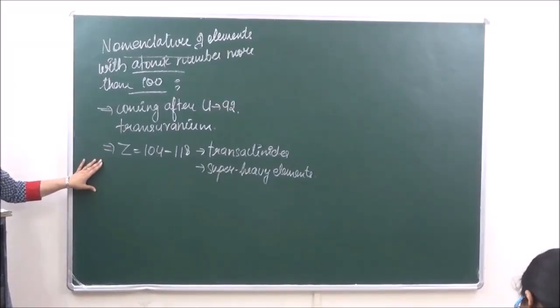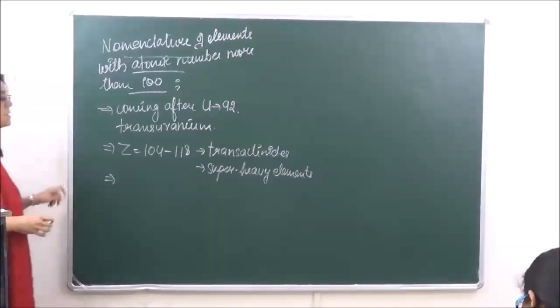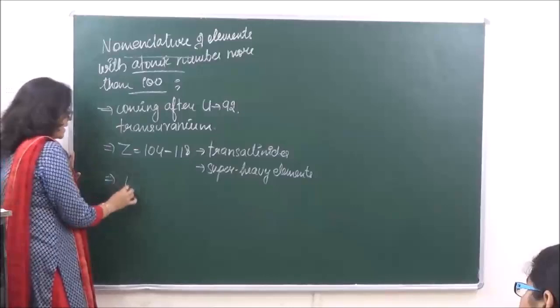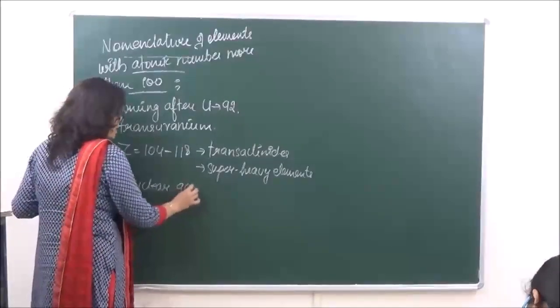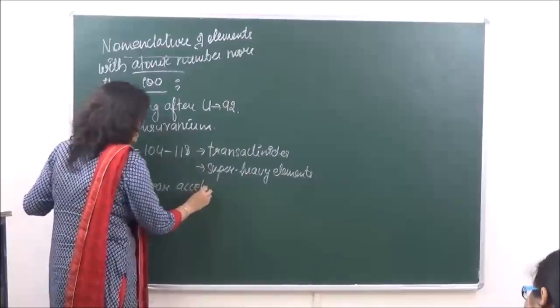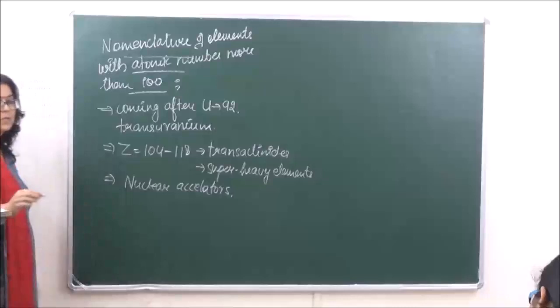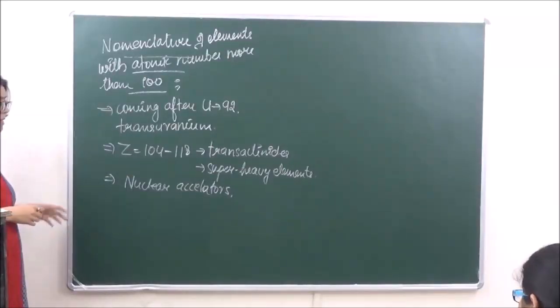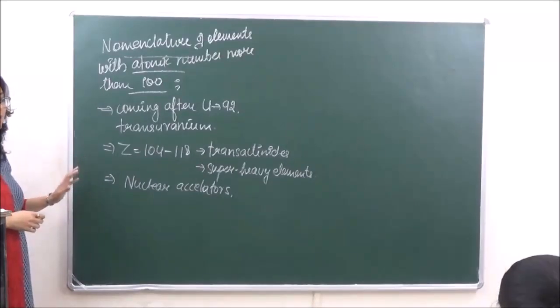They are synthetic. Now, when these elements are prepared synthetically, they require certain special equipment known as nuclear accelerators. As of now, there are only two centers in the world which are making man-made elements.